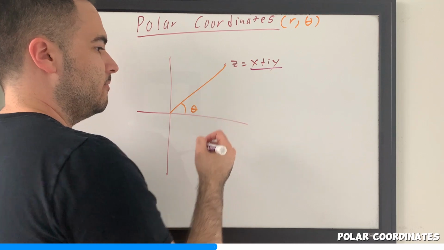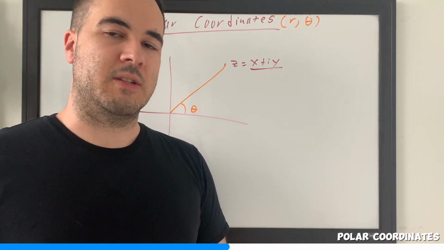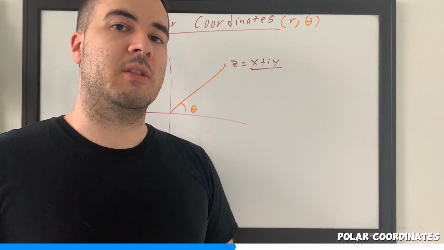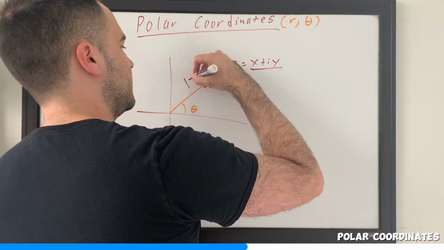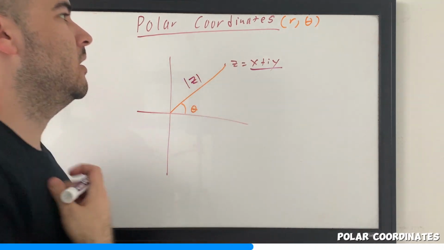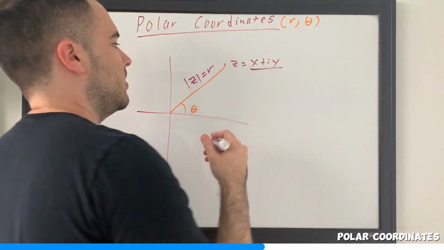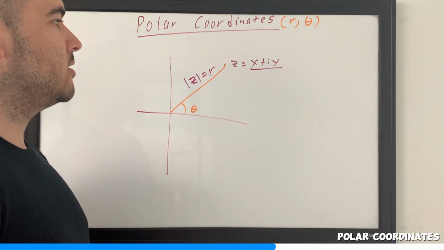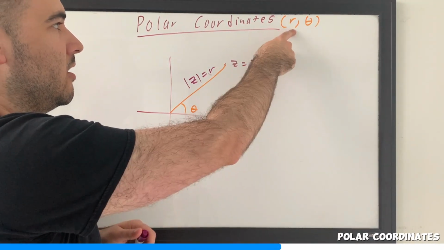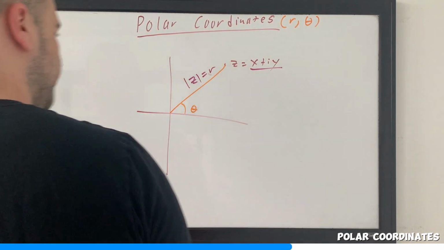Before, in our previous video about complex numbers, we talked about the modulus and how it was in fact its distance from the origin, which now we are going to use as r. So we know the modulus of z is related to r here. So that's great, that's one coordinate down. Now we need to figure out theta.